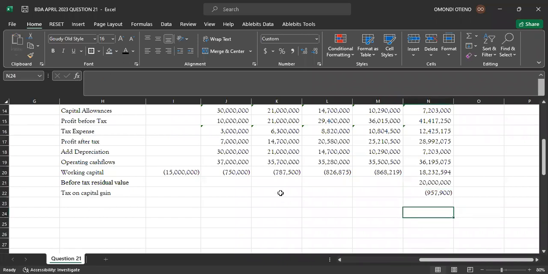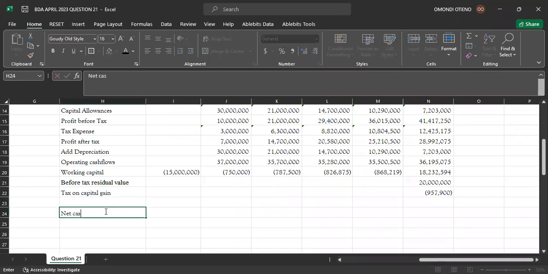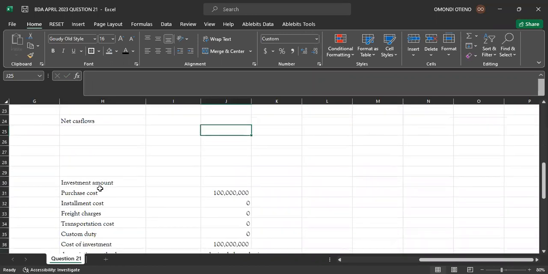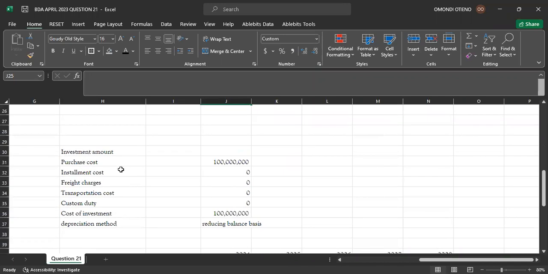Now, up to that point, is there something that I'm leaving out, which we need to include for us now to arrive at the net cash flows? The net cash flows. Is there something that I'm leaving out for me to be able to arrive at the net cash flows? Yes. The investment amount, the cost of investment at period 0.